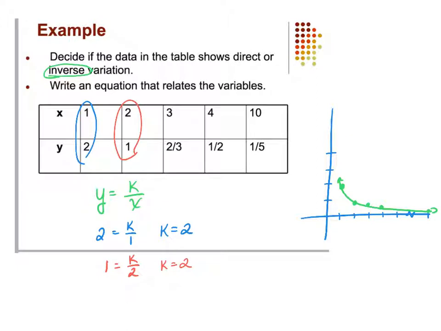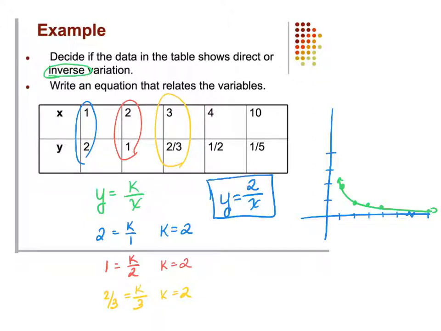So I think that's probably our equation, but we can always check a third one or a fourth one. So we have 2/3 equals k divided by 3. Again, it looks like k is equal to 2. So our equation is y equals our k value, which is 2 over x. Again, you may see this as xy equals 2.